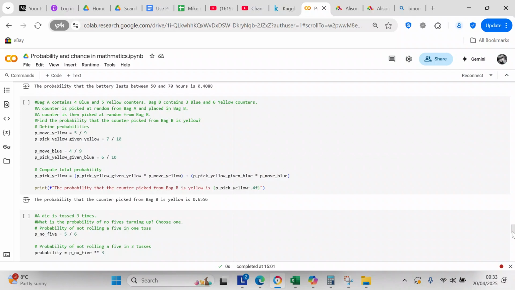So now we're going to compute the total probability. P(pick yellow) equals P(pick yellow given yellow) times P(move yellow), plus P(pick yellow given blue) times P(move blue). And so you've got an answer of 0.6556.